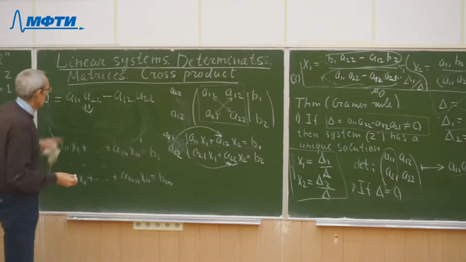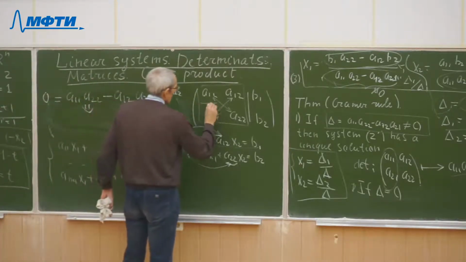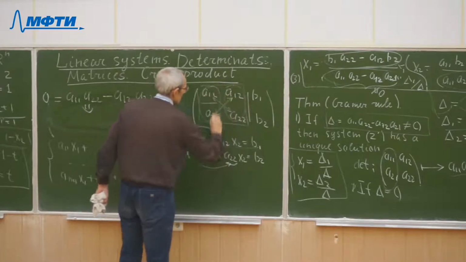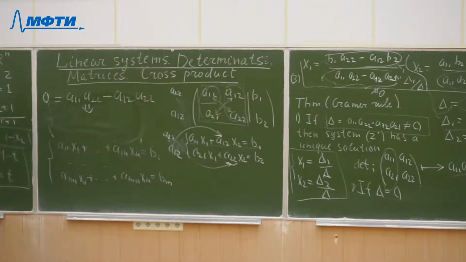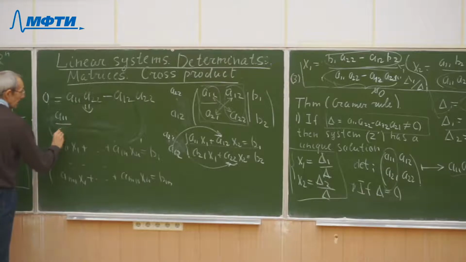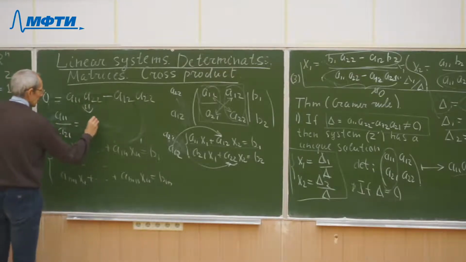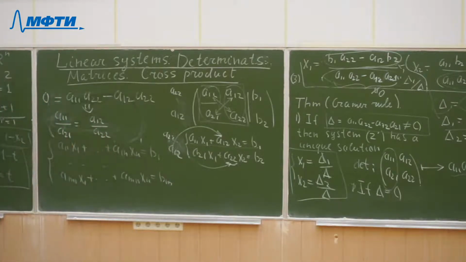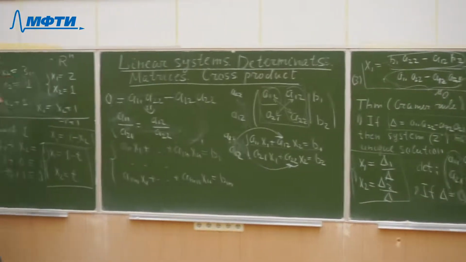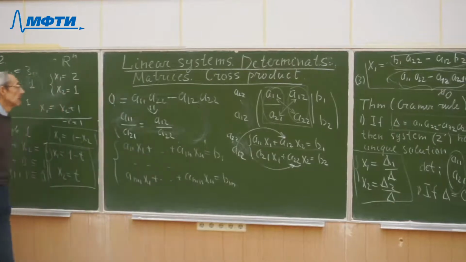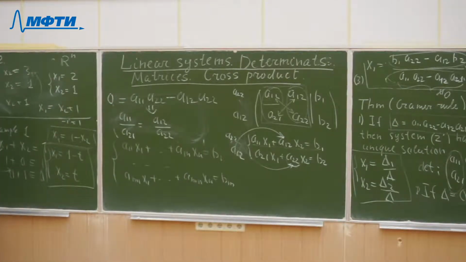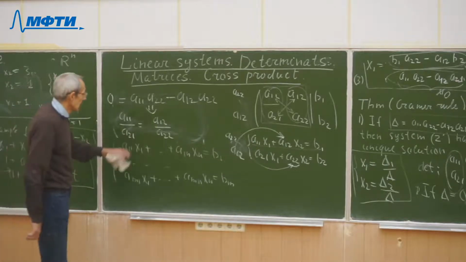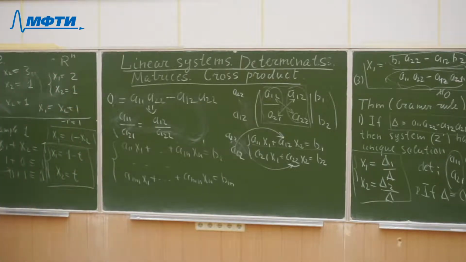It is easy to see that it means that the ratio of these terms and these terms are equal, namely the ratio A11 to A21 and A12 to A22 is equal. What does this equality mean?